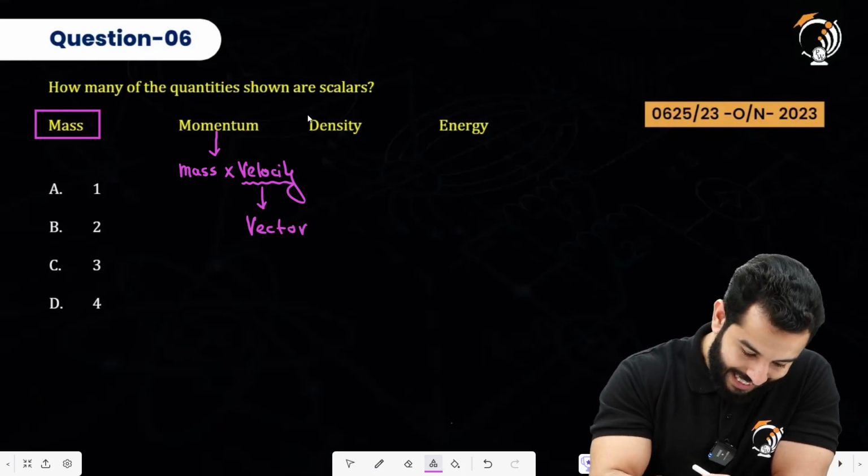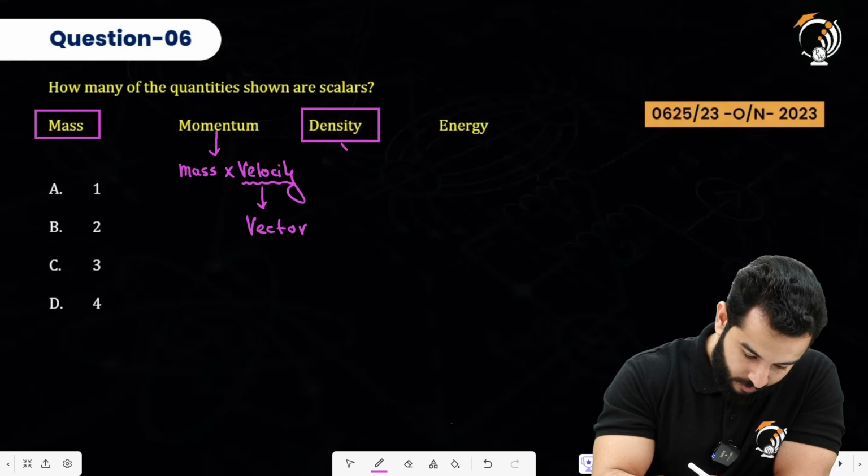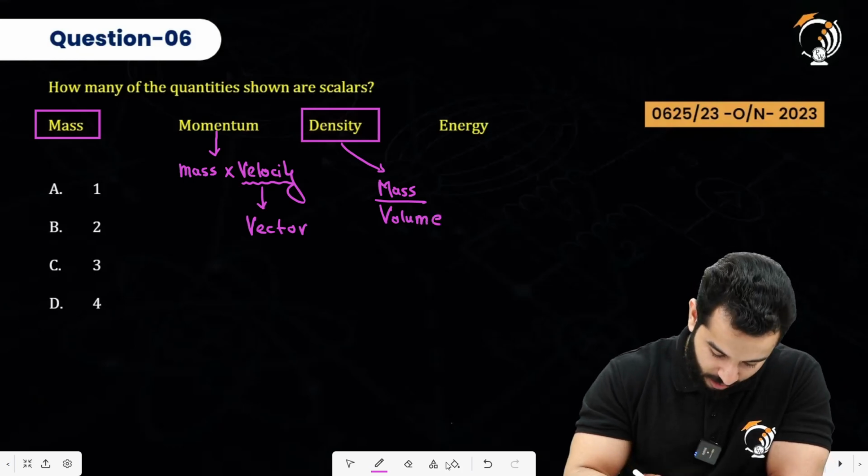Then density is nothing but mass by volume. Mass is a scalar quantity and volume is a scalar quantity, so density will also be a scalar quantity.